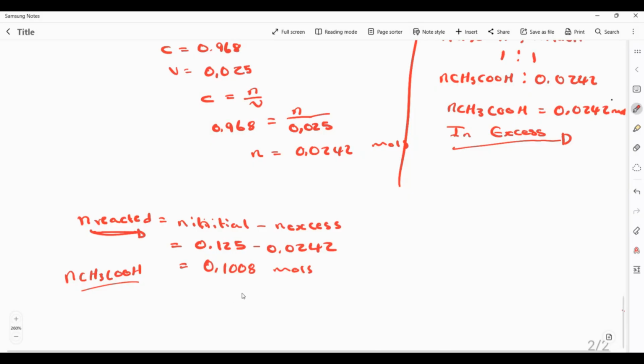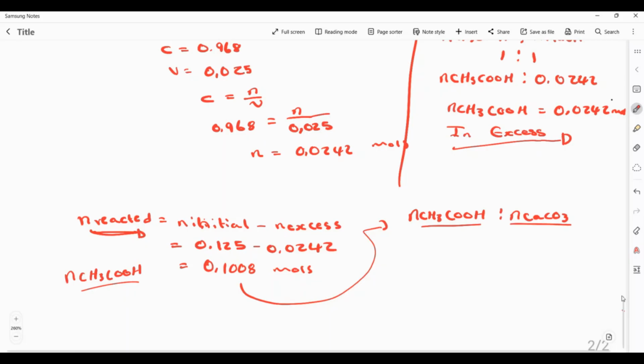I take the number of moles of CH3COOH to the number of moles of CaCO3 that reacted with it.